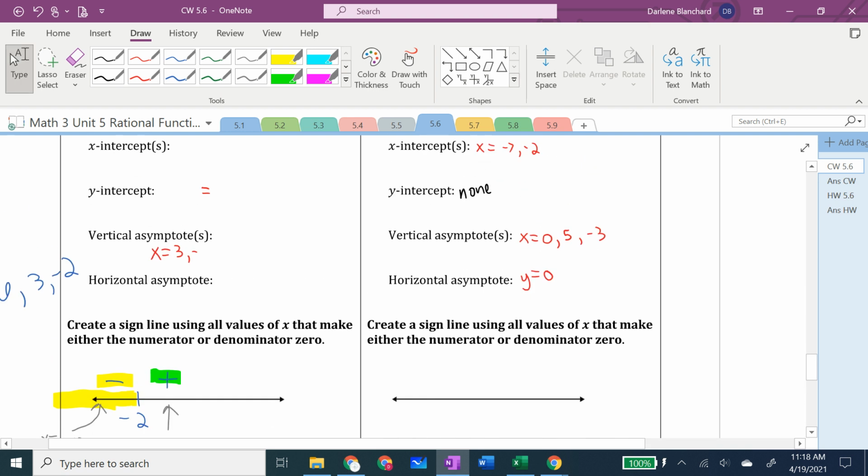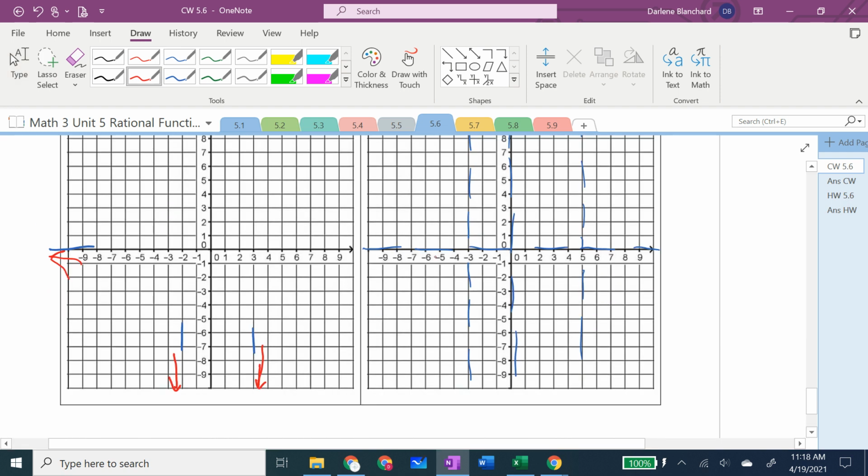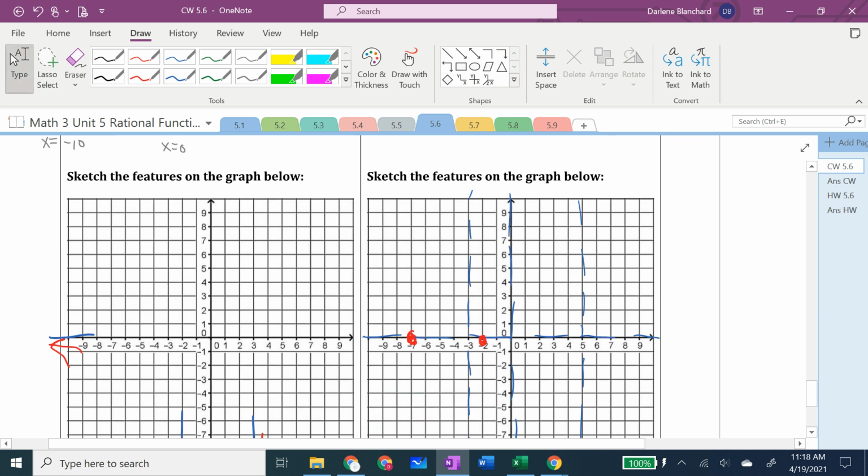Now, I have x-intercepts, -7, -2. I have no y-intercepts, so as far as intercepts, that only gives me 2 points of the entire graph.